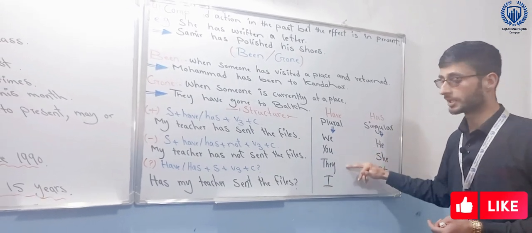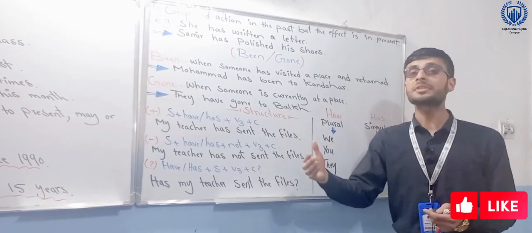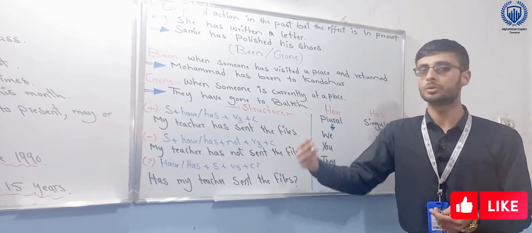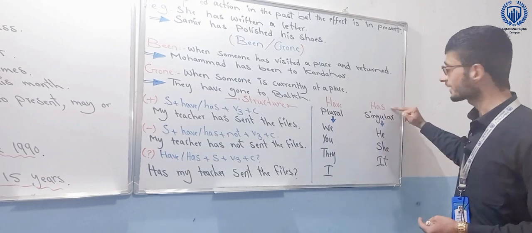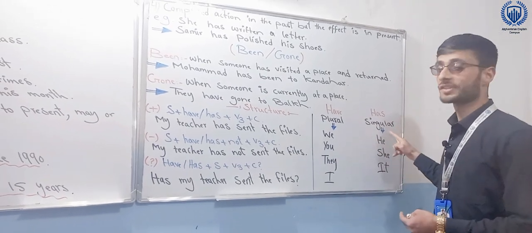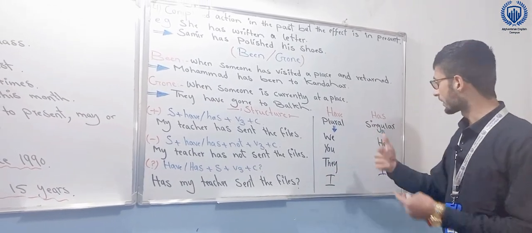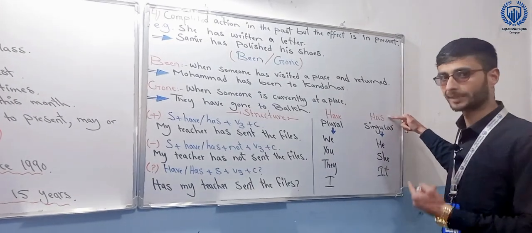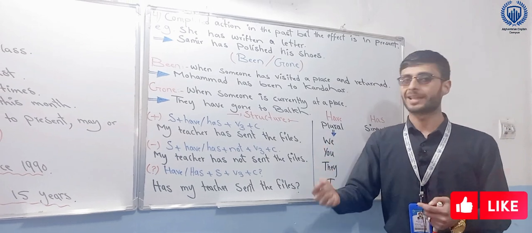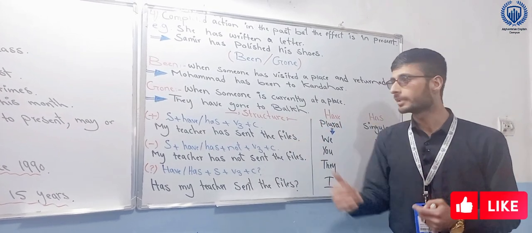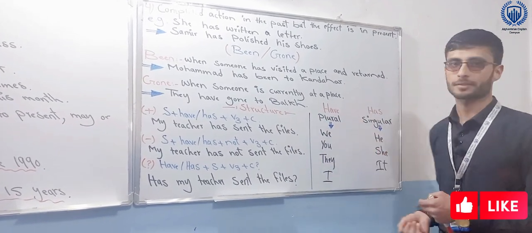We, you, they, I, and also names that are plural, for example, Ahmad and Ali. In here we should use have. The next one is has. Has is for singular subjects. When our subject is singular, we should use has. What are the singular subjects? He, she, it, and also when it is one person, Ahmad, Ali. In here we should use has.